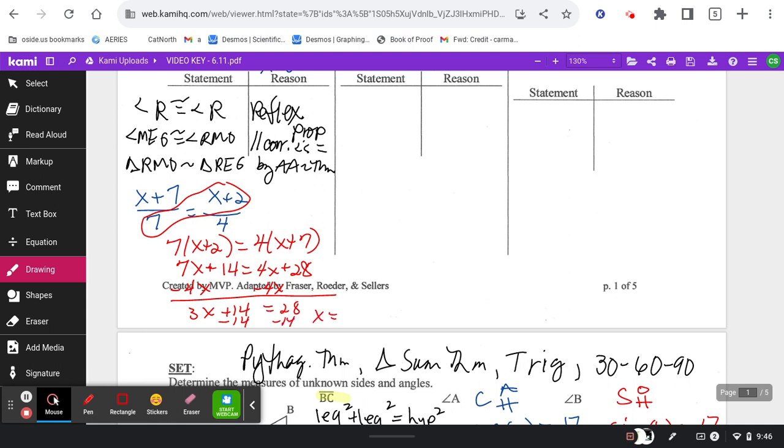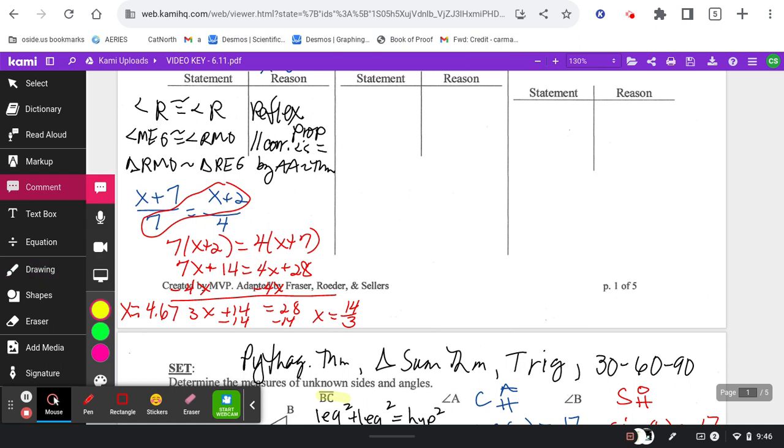So I'm getting like 14 thirds. So grab a calculator. 4.67 is what you guys told me in class today was the rounding.